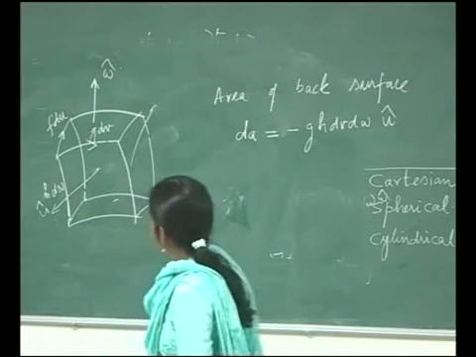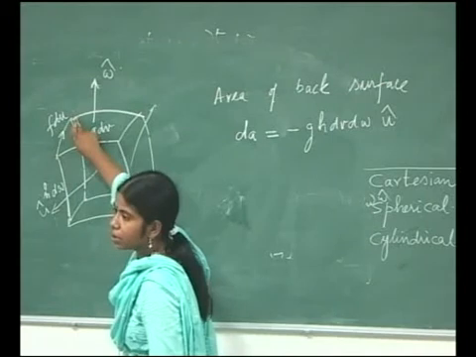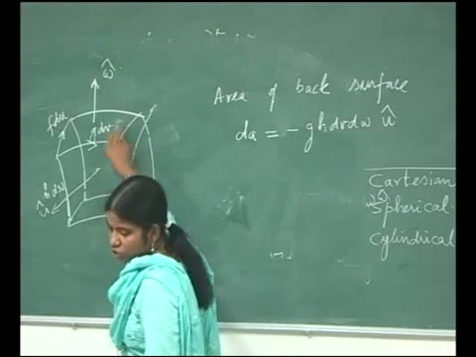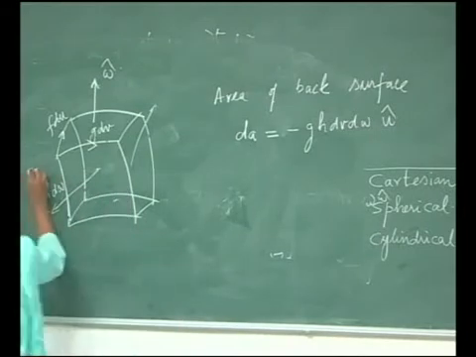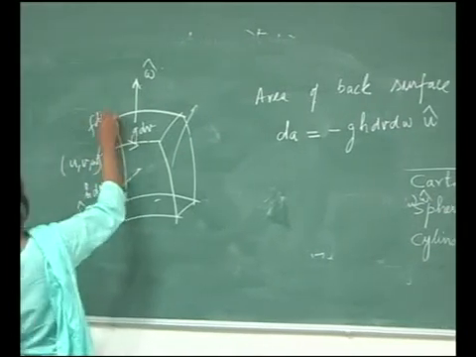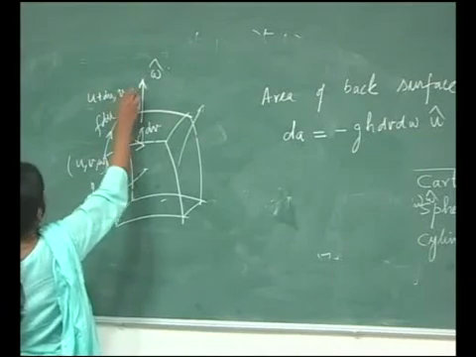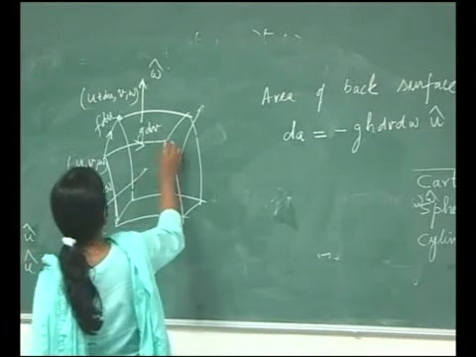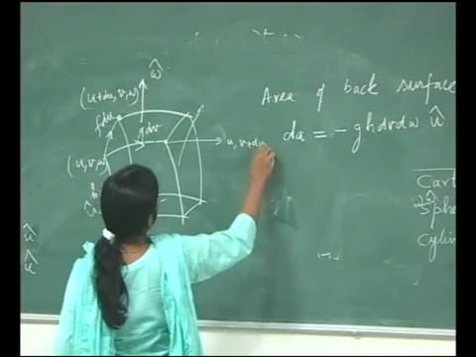When I move from here to here, the area is not changing, only the coordinates are changing. Assume my coordinates here are u, v, w, and at this point they are u plus du, v, w. At this point, increasing in dv, I have u, v plus dv, w.